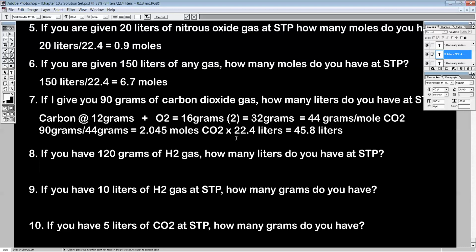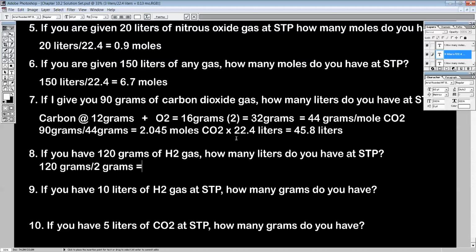All right, next problem. So we've got 120 grams of H2. How many liters? So it's the same path. H2 is 2 atoms of hydrogen, so that's 2 grams per mole. So I'm giving you 120 grams of hydrogen, and it's 2 grams per mole.